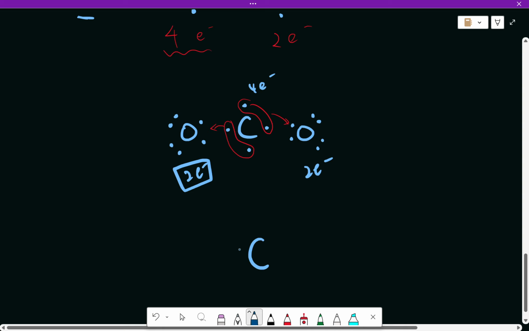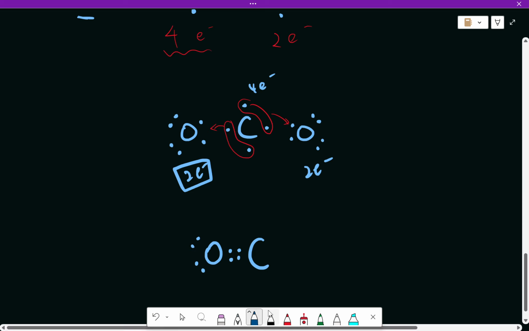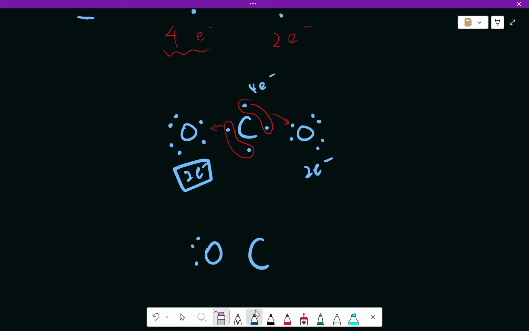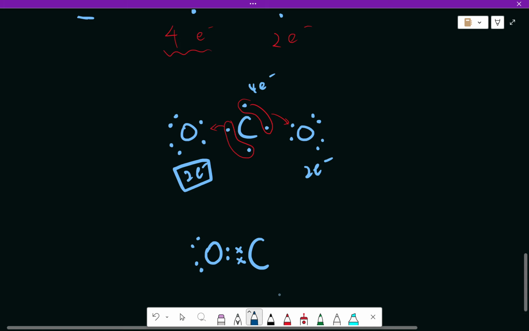So we have this, and they're sharing these electrons. And actually, I'm going to use different symbols. So the crosses are electrons originated by carbon, and they're being shared with the oxygens on both sides.